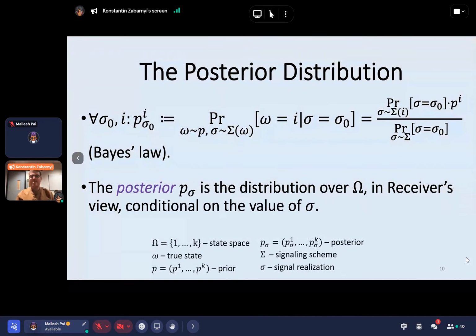So according to Bayes' law, the posterior probability of the state being i, conditional on the signal realization being some sigma 0, is the probability to send the signal sigma 0 conditional on the state being i, multiplied by the prior probability of the state being i, divided by the unconditional probability of the signal realization being sigma 0.